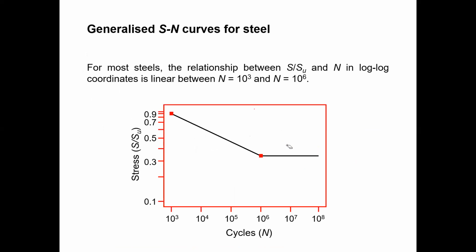So this is the summary. You can get the SN curve like this. Then the initial point at 3 and 6 is the end point of this linear region, then the endurance limit range. So this is the generalized SN curve again.